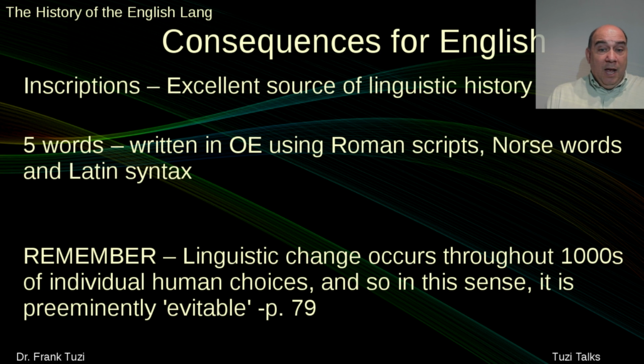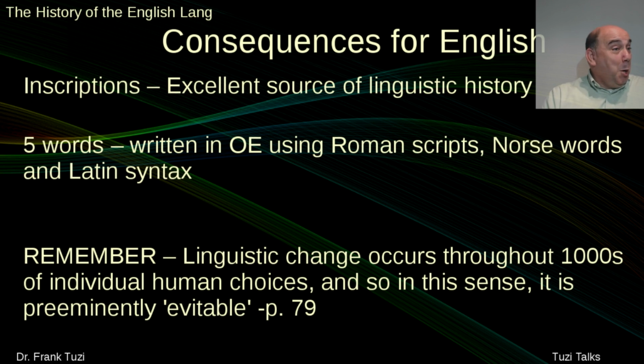Okay. Let's look at a couple others here. There are some inscriptions that provide an excellent source of linguistic history. Some things that we have found have inscriptions written on them. One of them, and I forget exactly what it's called, has all these different words around it, and the words are written in Old English using Roman script, which, again, is not normal.